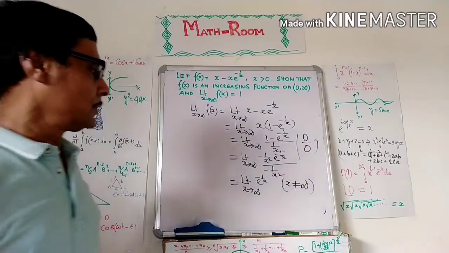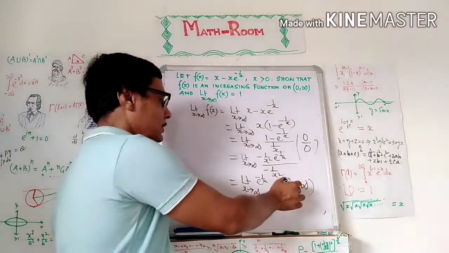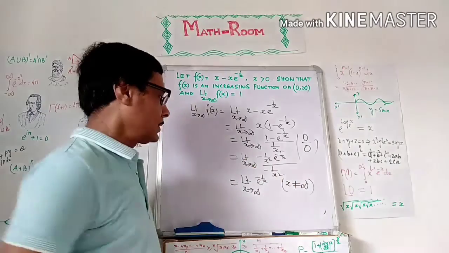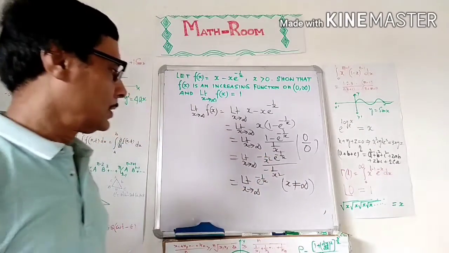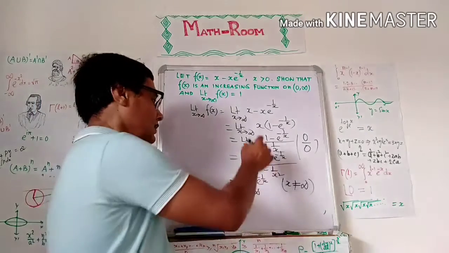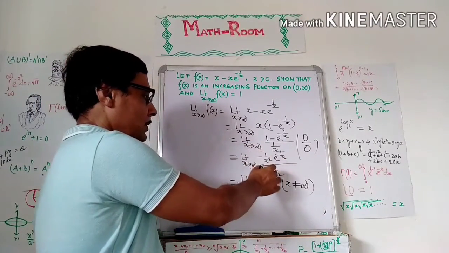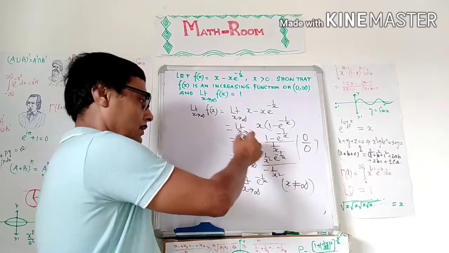If we divide 1 by x square by 1 by x square, we get 1.